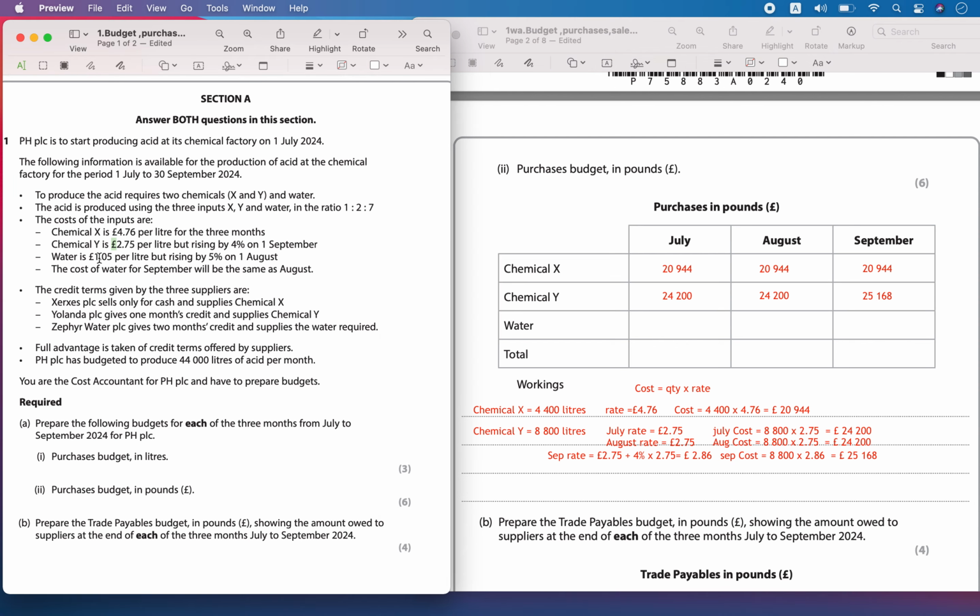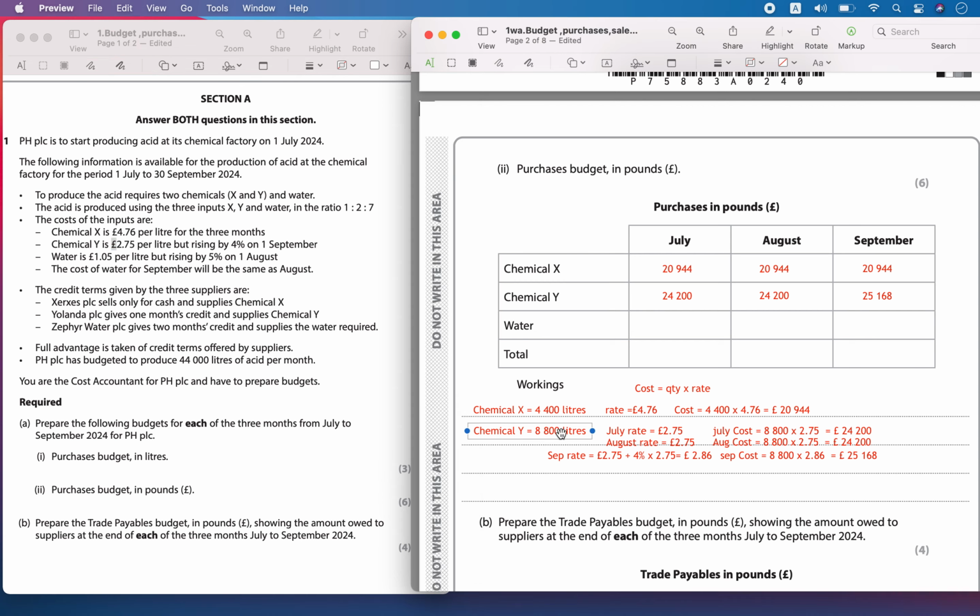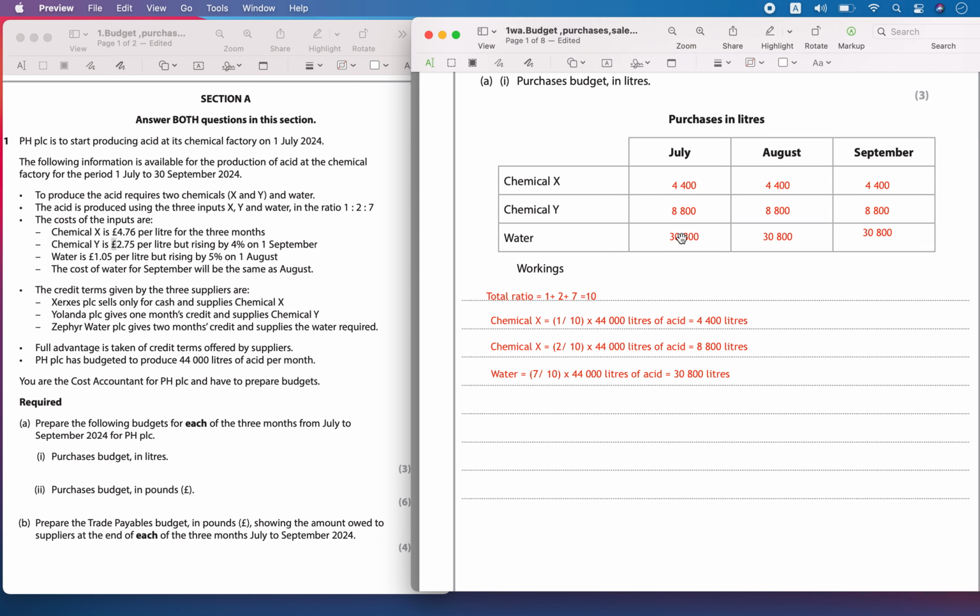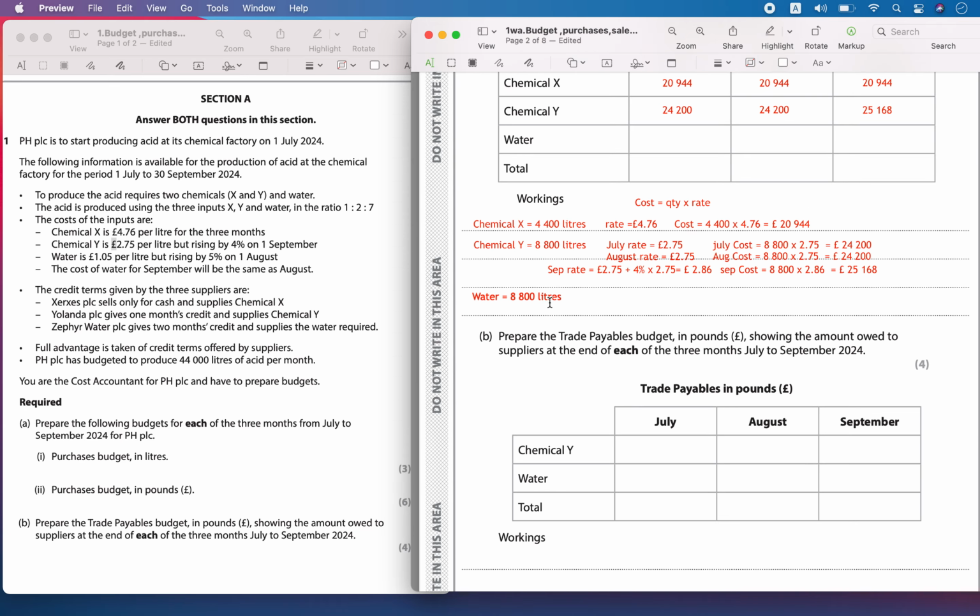Okay. Next, for the water, we had already calculated the amount of water that was required. Water that was required was 30,800. So let's write here 30,800 liters of water was required to form this acid.